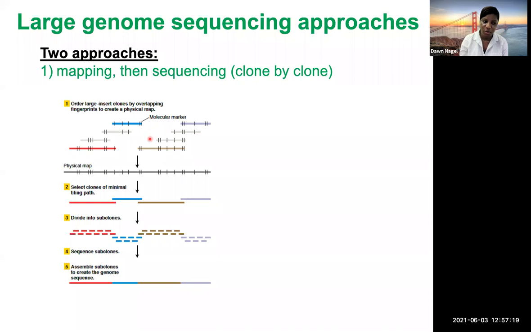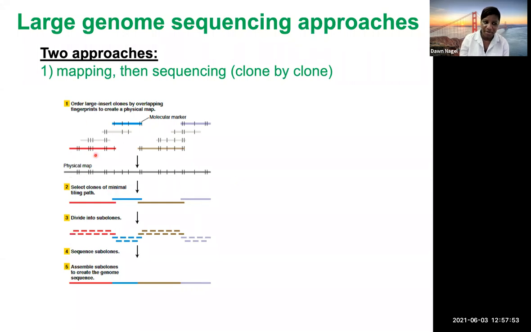So you take these clones, you assemble this full physical map, so you place them already on this physical map. So now when you decide to use these regions, you align them to the map, you take these selected clones that you just aligned to the map, divide them further into subclones, so you digest them even further, you sequence the subclones because they need to be small, and then it's much easier for you to assemble them because you knew where these came from because you already had this physical map, yeah?